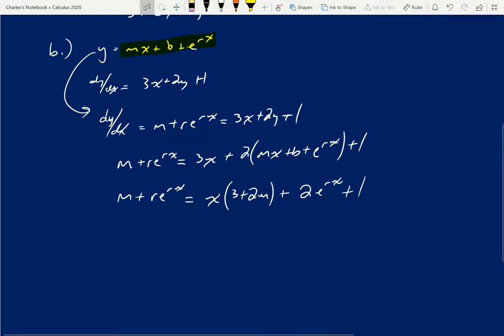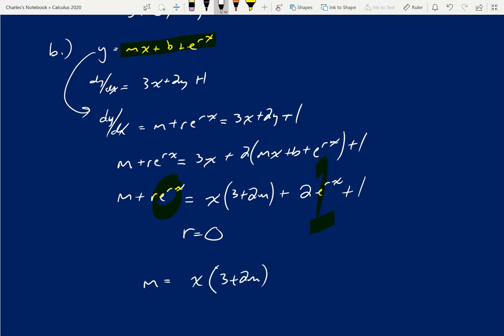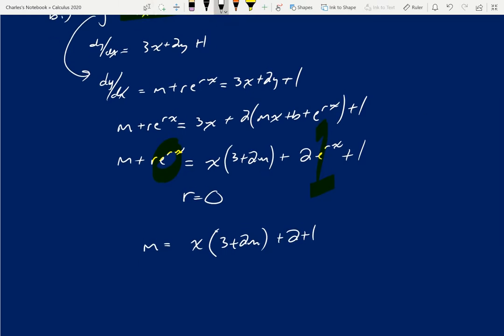Okay, so we have to consider two different scenarios here. Let's do this scenario first: let's say r is equal to 0. If r is equal to 0, it's going to turn this term into 0, and it's going to turn this term into 1. So that makes it a little bit easier. I get the equation m is equal to x times 3 plus 2m, plus 2, plus 1, and at this point, I know that this is only going to be true if it's true for all x's.